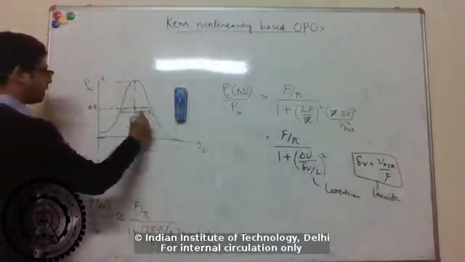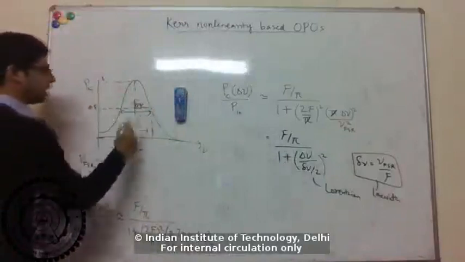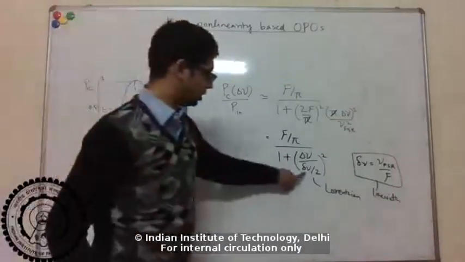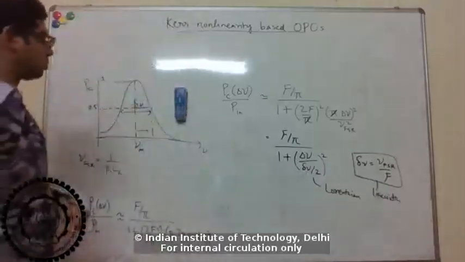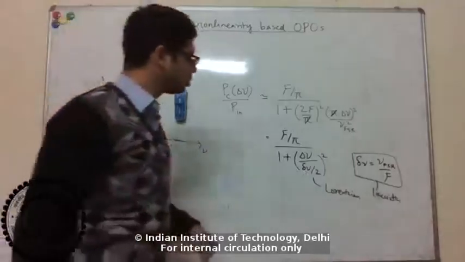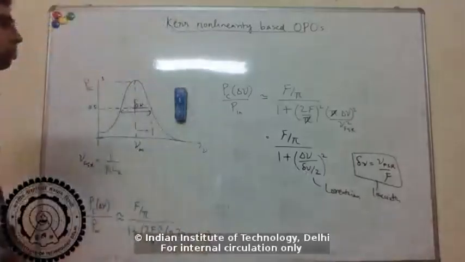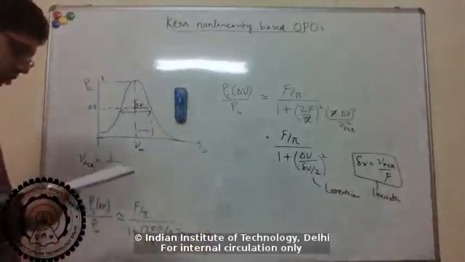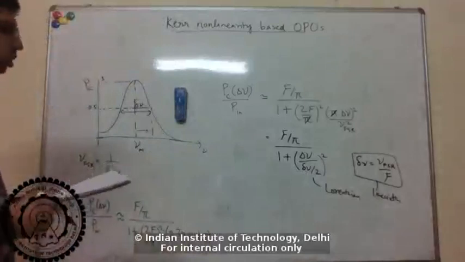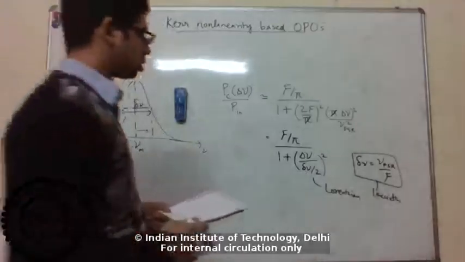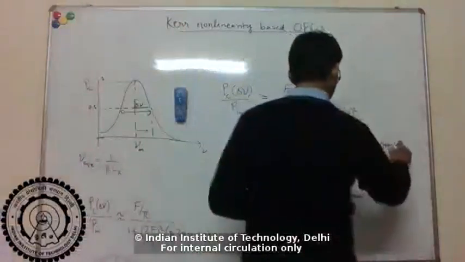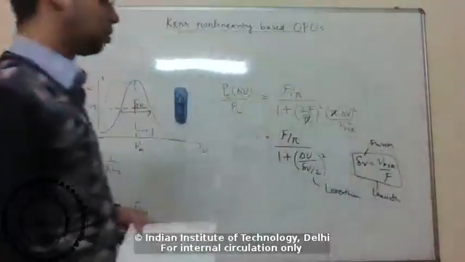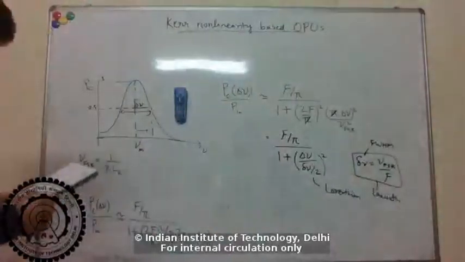So the full width at half max of the resonance is delta nu. This is the FWHM of the cavity resonance, also called the line width.